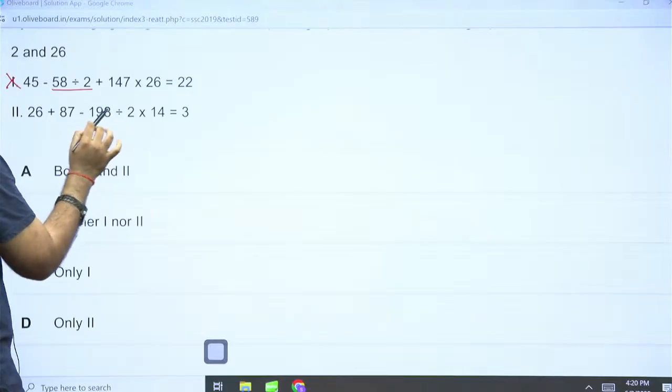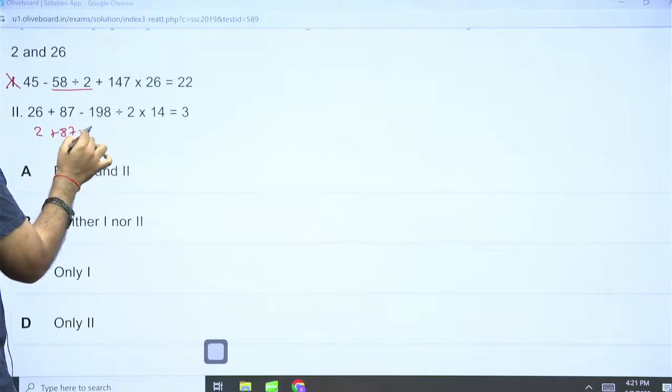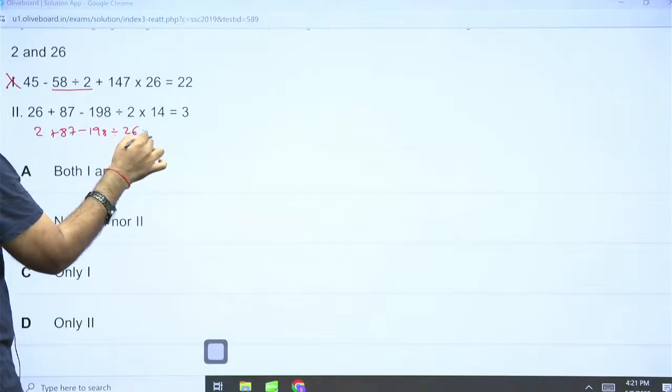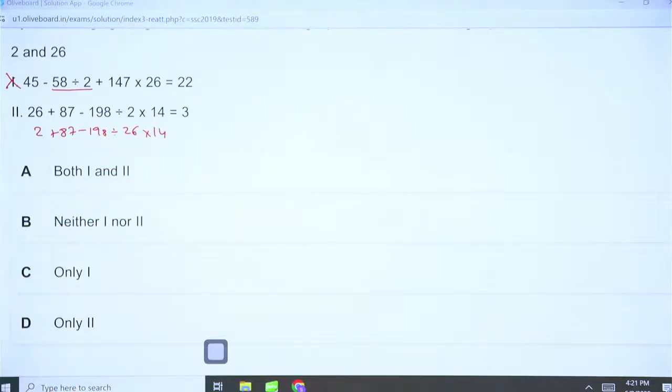And 26 and 2, if it changes here, I think 198 will also not be divisible by 26.